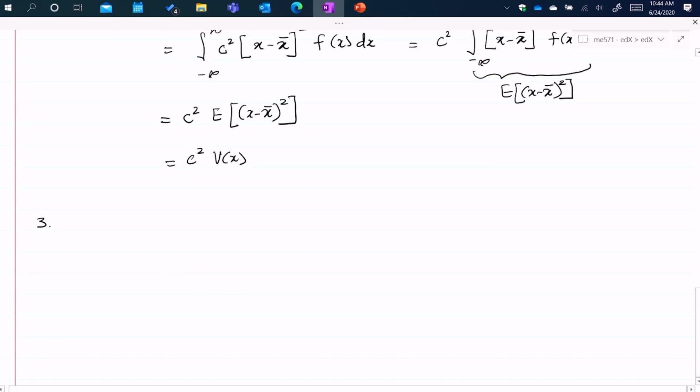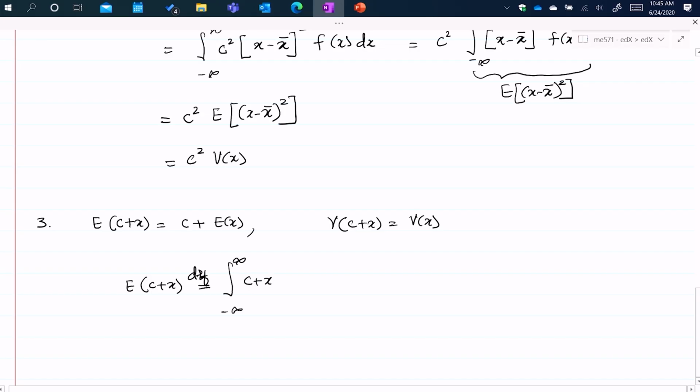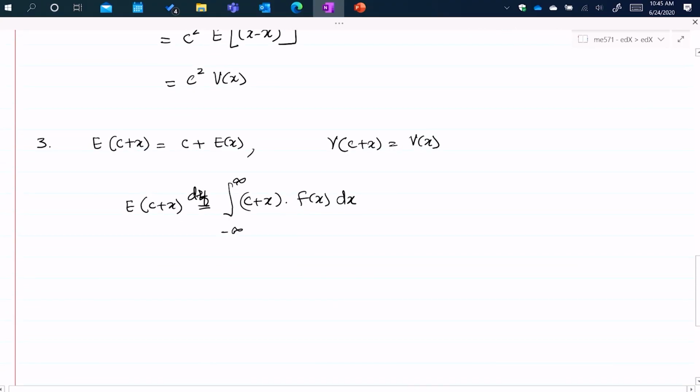Move on to the third example. So this is the expected value of c plus x equals c plus the expected value of x, and the variance of c plus x is equal to the variance of x. So let's do this. By definition, the expected value of c plus x is the integral of (c plus x) times the PDF dx, and that's by the summation property of the integral.